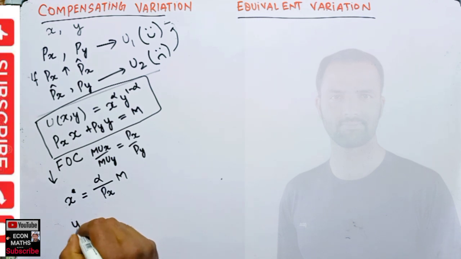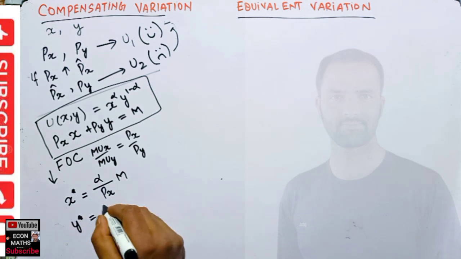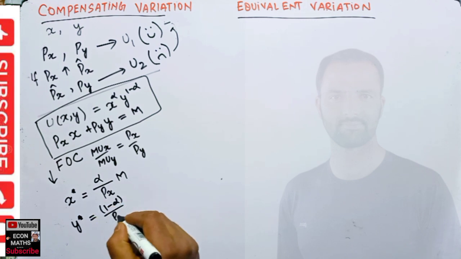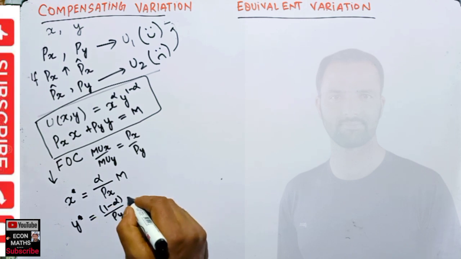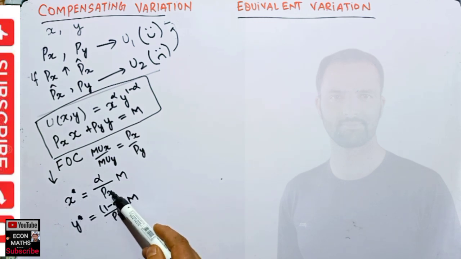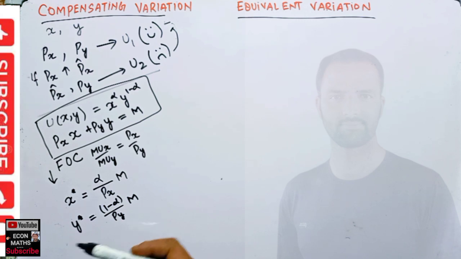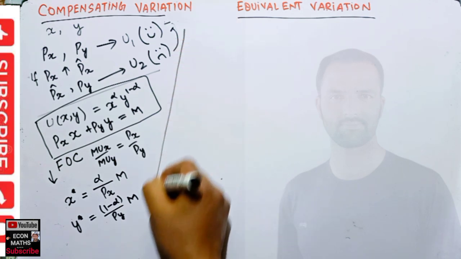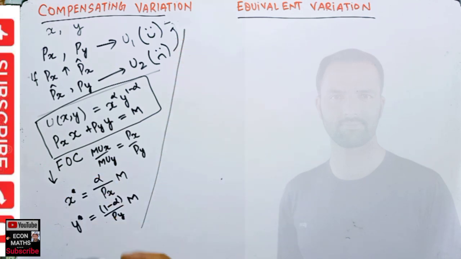Similarly for y, I will get 1 minus alpha upon Py, times m. That means x is a function of the price of that very good and the income. First we need to solve for the optimal values of x and y.